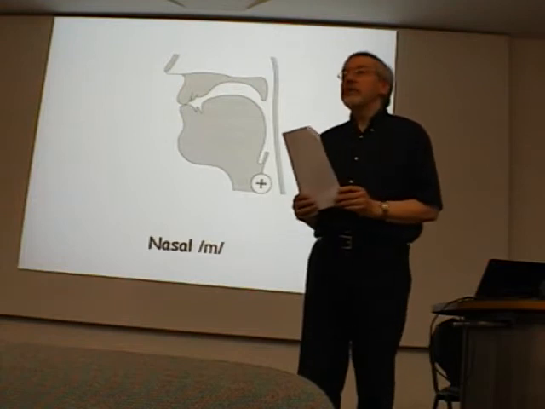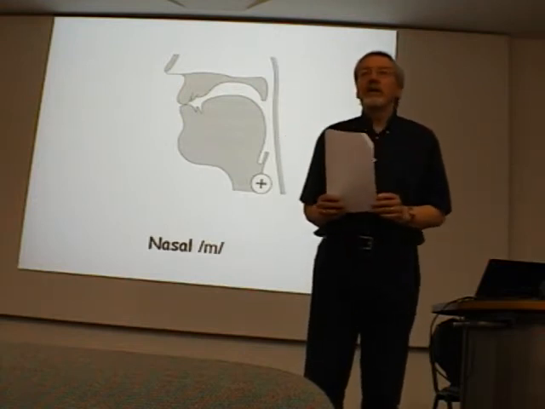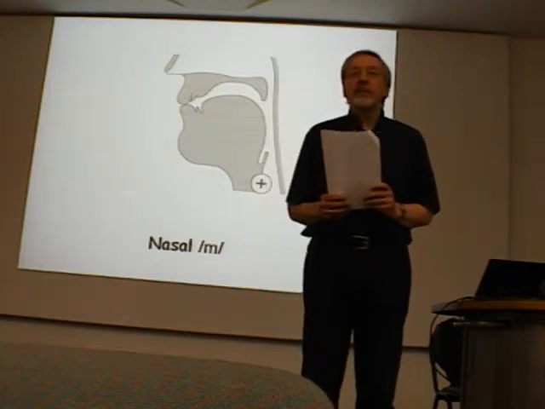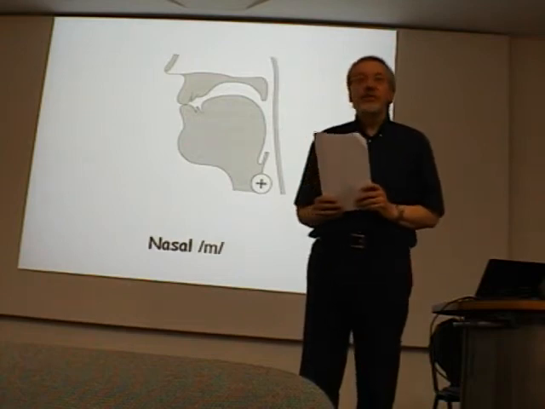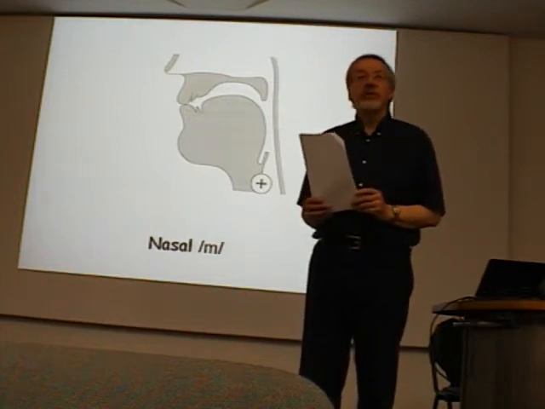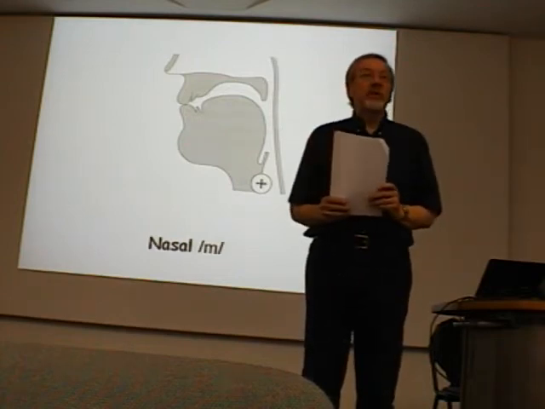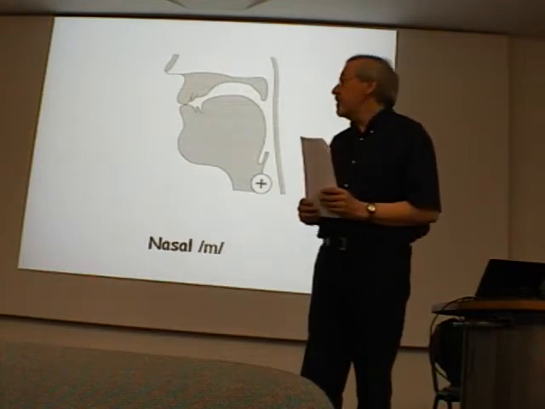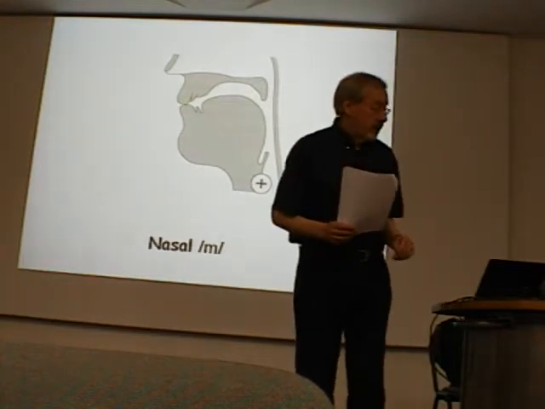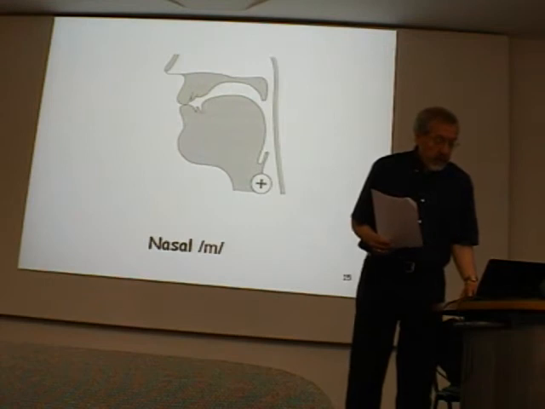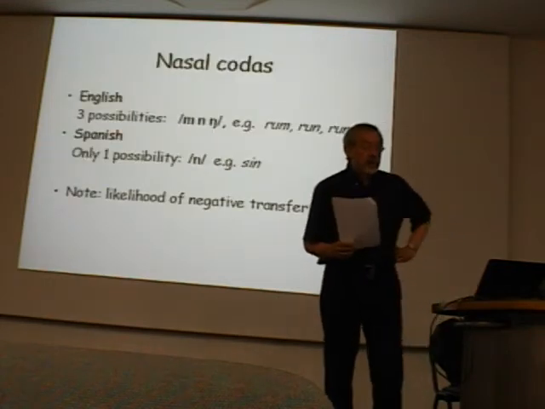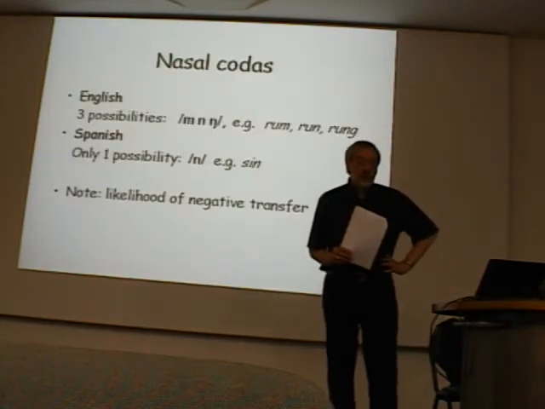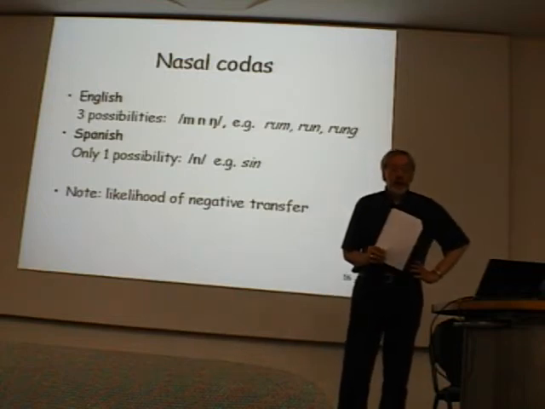And if that's so, and it's true, for instance, of Spanish, and I believe also true of Japanese, then one has to concentrate on the nasals in final position, because otherwise you get a negative transfer of these nasal codas. So English, three possibilities: m, n, ng, as in rum, run, rung.